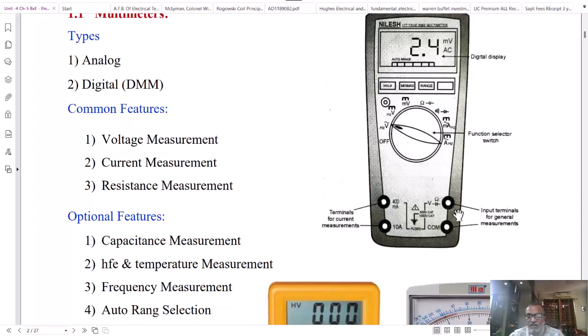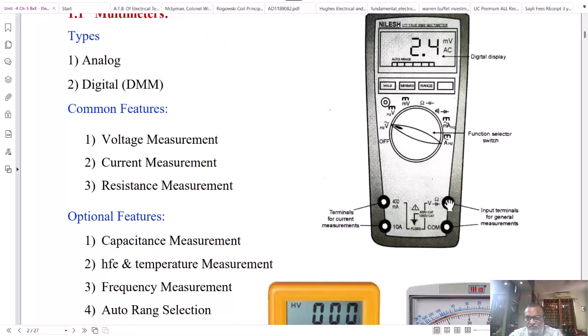Here the connection terminals are shown. There is one common terminal, and the other terminal is where you can connect the positive probe of the instrument for measurement of voltage or measurement of resistance or the diode PN junction testing range.